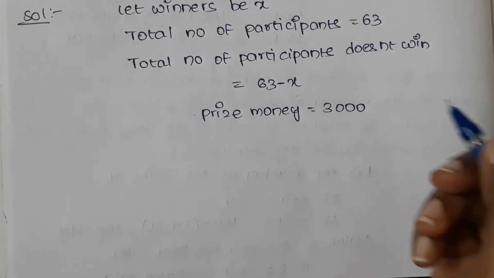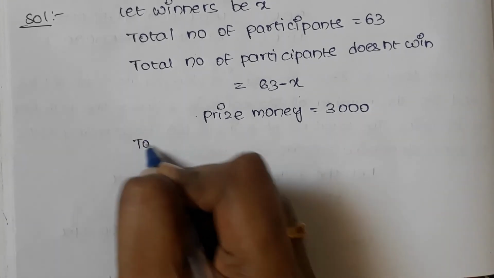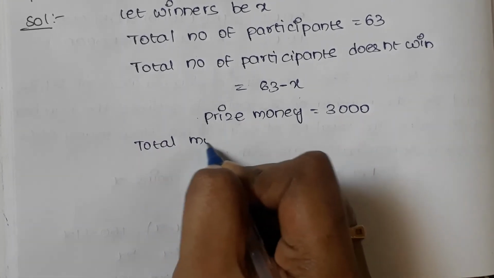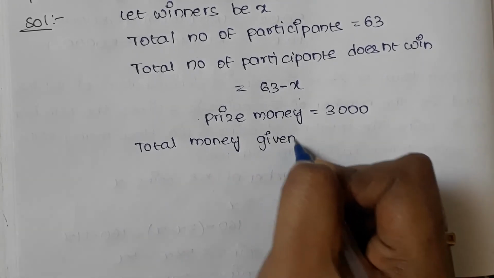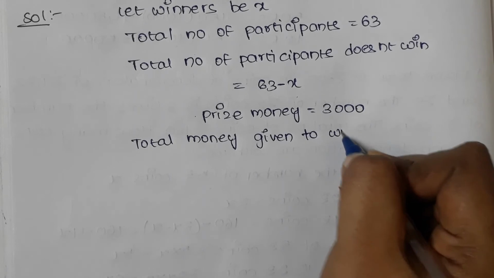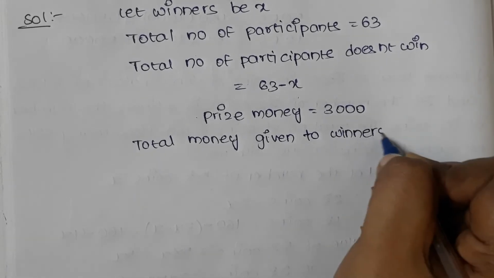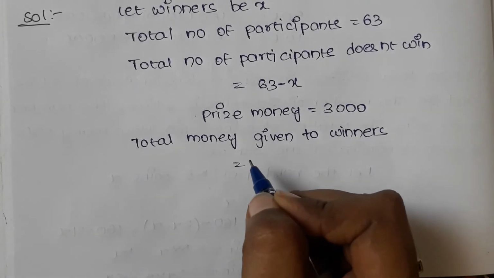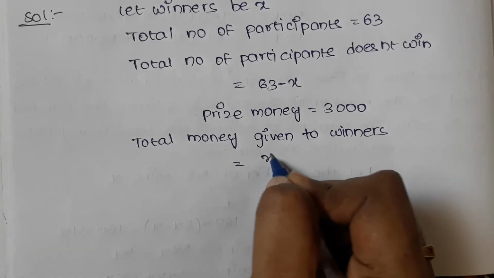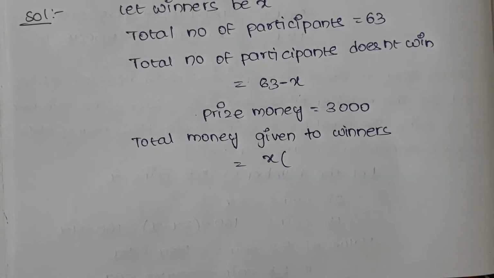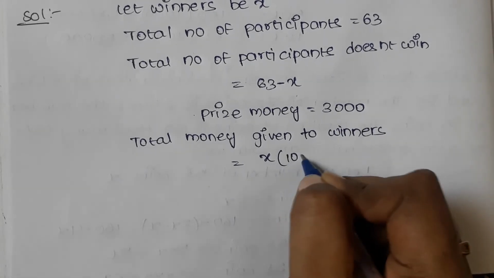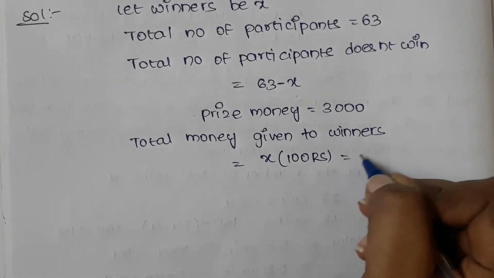And now the total money given to winners is x into 100 rupees for each winner, that is 100x.